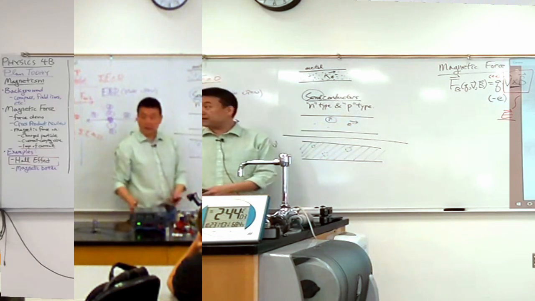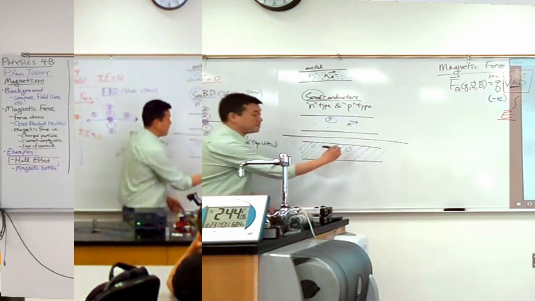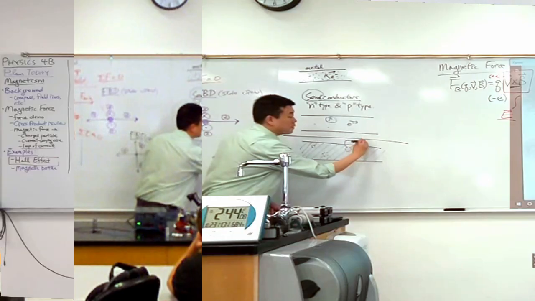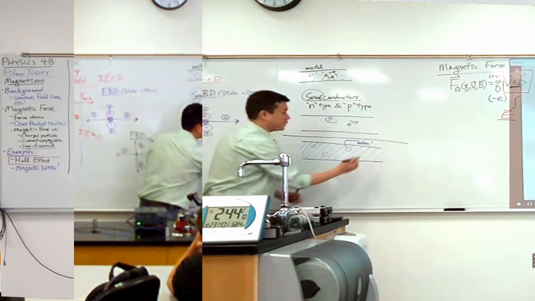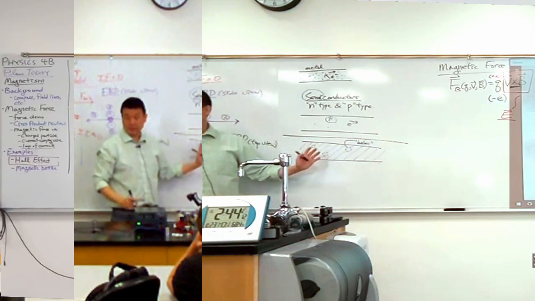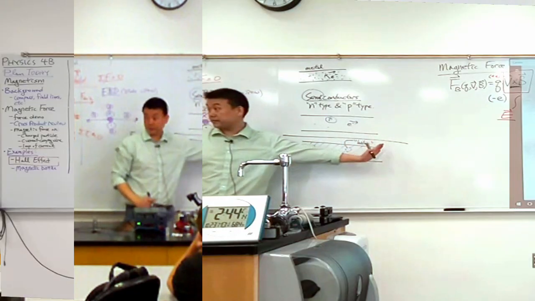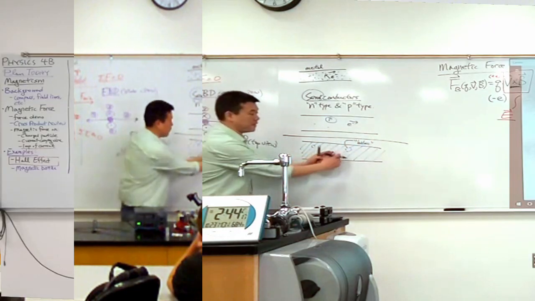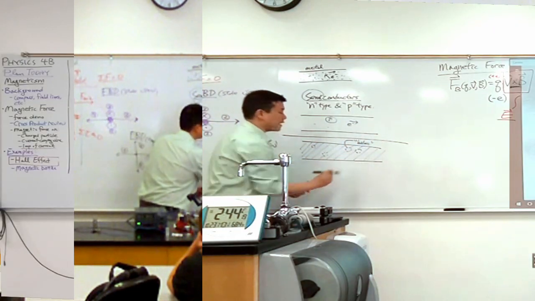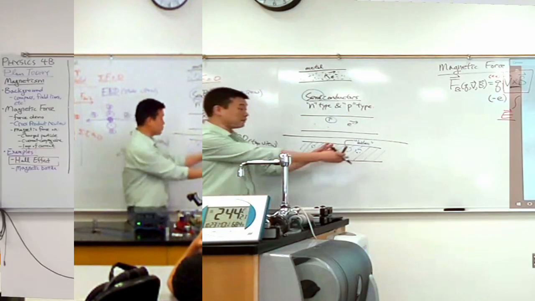But here, mathematically, it becomes easier to describe these holes in my complete electron sea as moving around. So when this hole moves from, let's say, here to here, the real picture is that the electrons around it are moving.